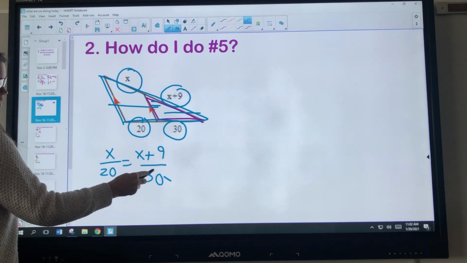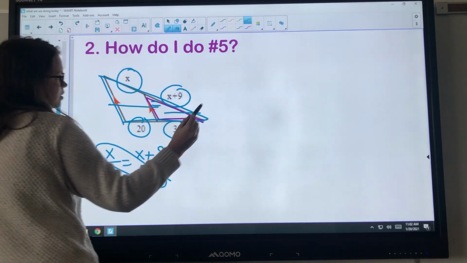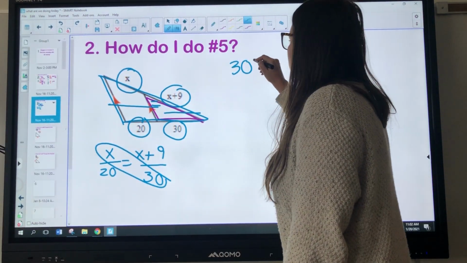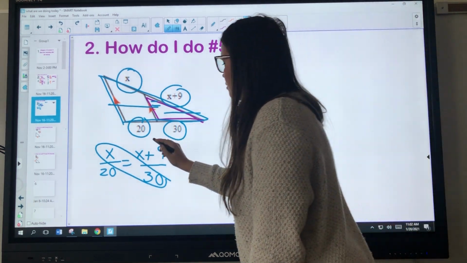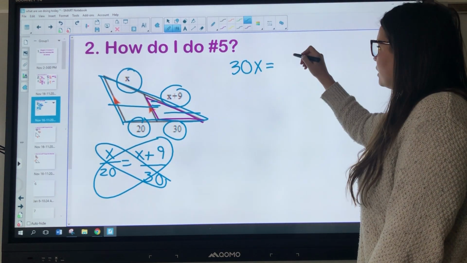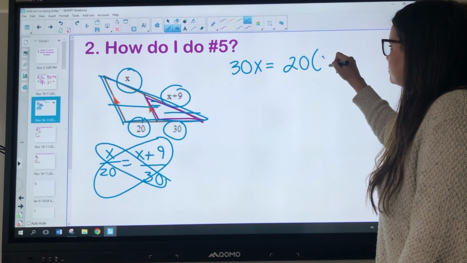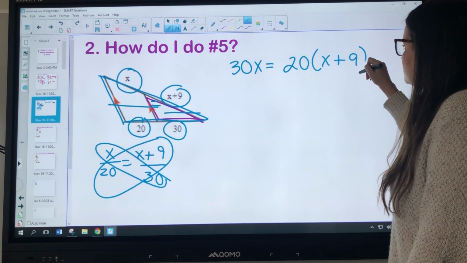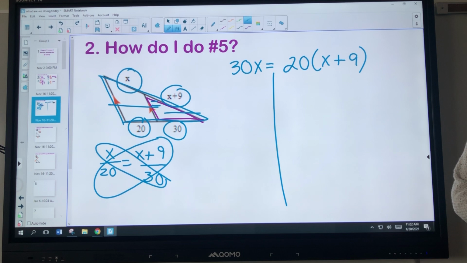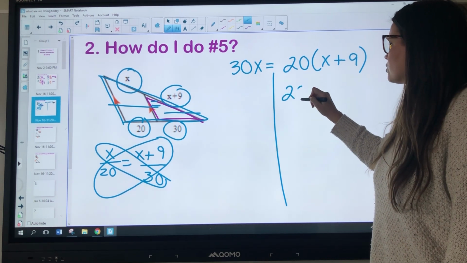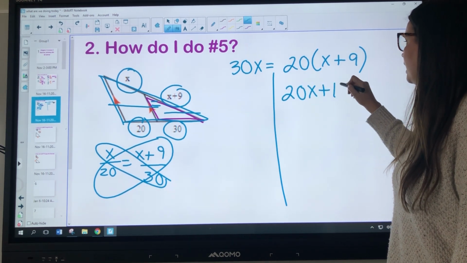And then you have to do 30 times x. You have to do 20 times x plus 9. And you're going to have to distribute. It's just 20x plus 180.